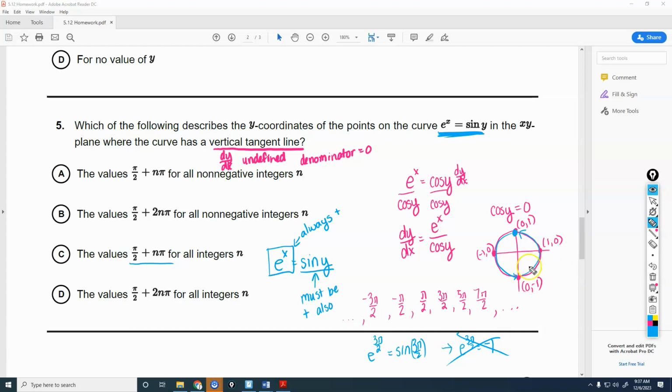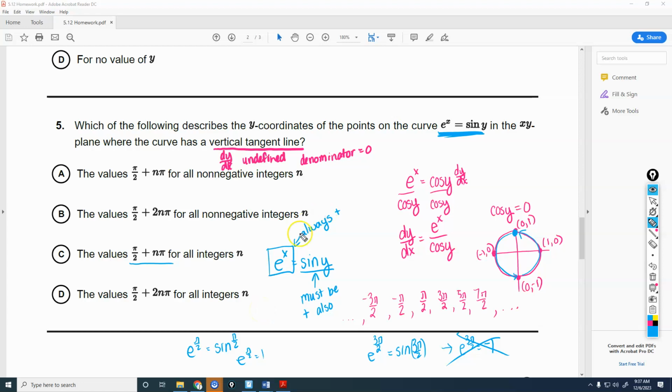So can this actually be 3 pi over 2? It cannot, because it won't go back into the original. It can be pi over 2, because e to the pi over 2 is going to be sine of pi over 2, which means e to the pi over 2... Oh, I'm sorry.